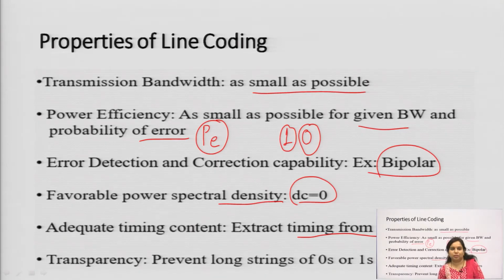What is transparency? In any kind of line coding, we are going to see it one by one. If I am transferring 1 and 0 data, and let us take an example where 10 to 15 bits are transmitted as 0, then the connectivity between the transmitter and receiver may break, which will arise in one of the cases in line coding.